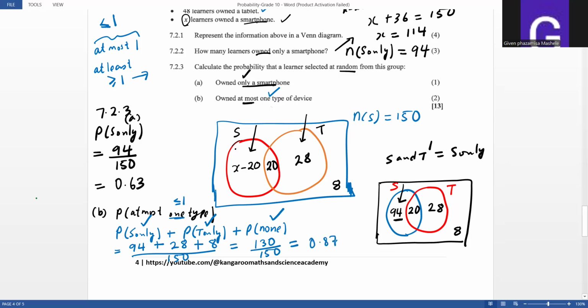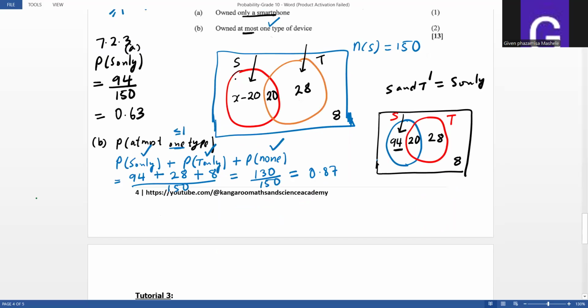But now, what if they said at least one type? What do we say about at least? At least means it's greater than or equal to 1. How many types are here? All in all, it's 2 types: smartphone or tablet.